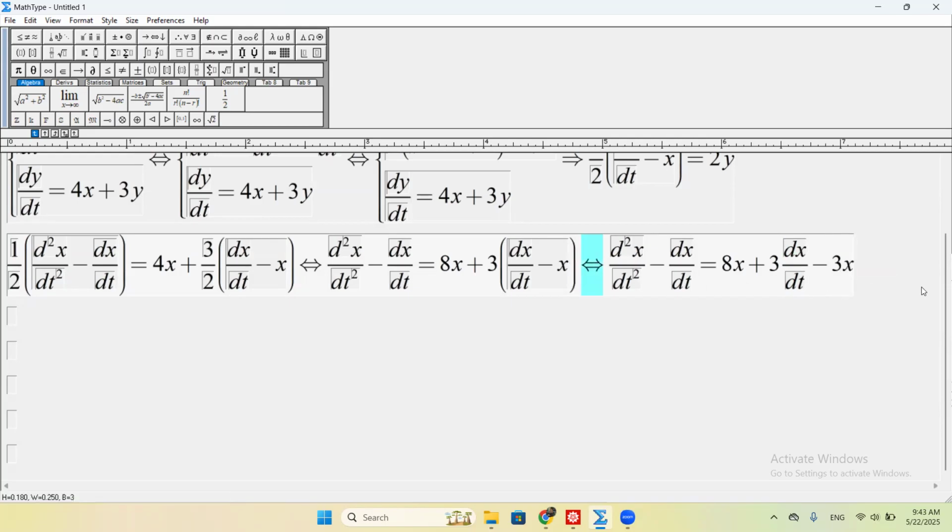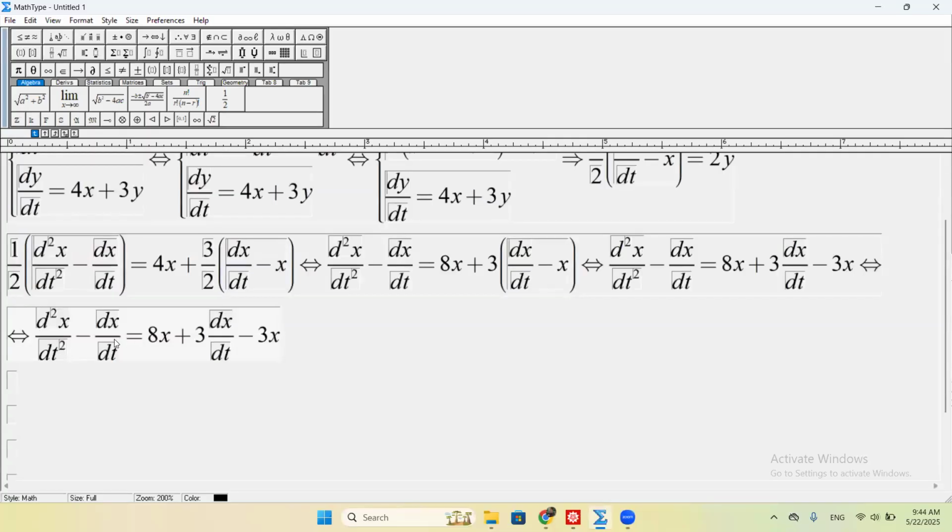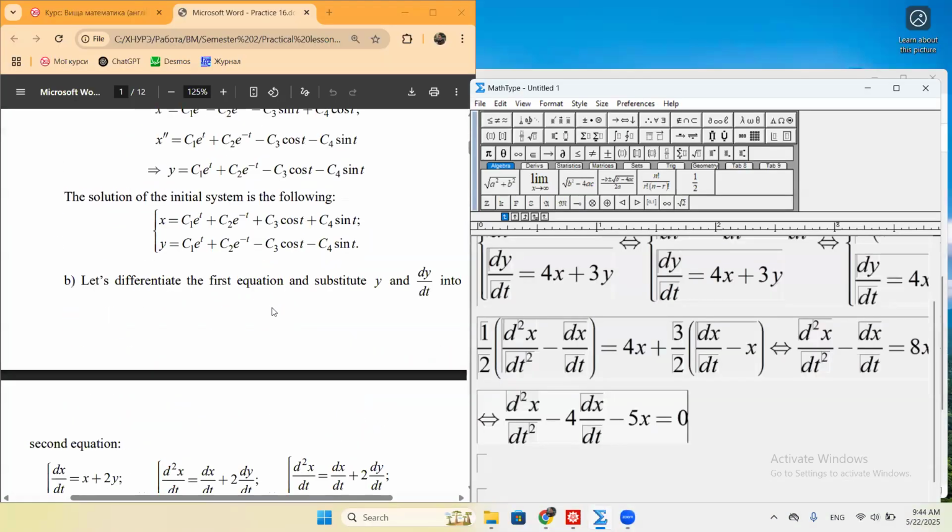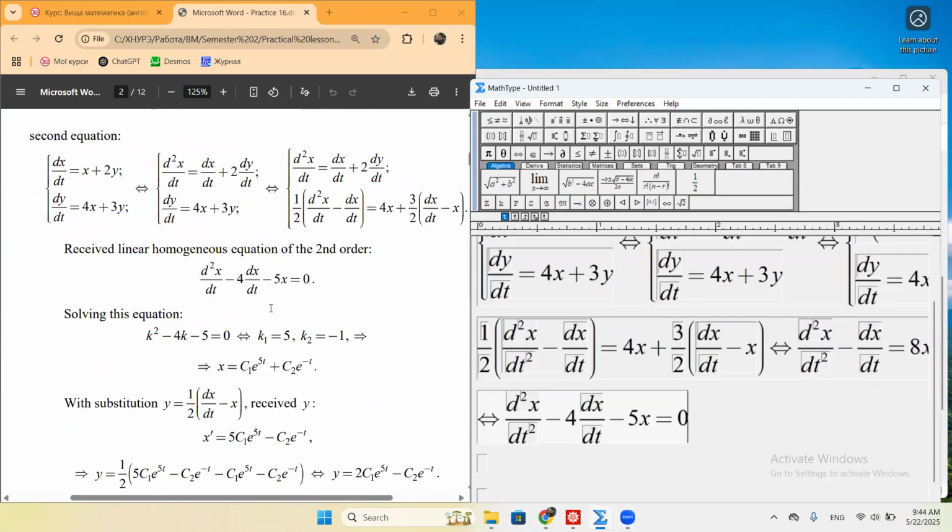Continue. Now let's move x to the left. Actually, we will receive the homogeneous equation. So here will be minus 4 dx by dt. Here will be 5x and here minus 5x, so equals 0.